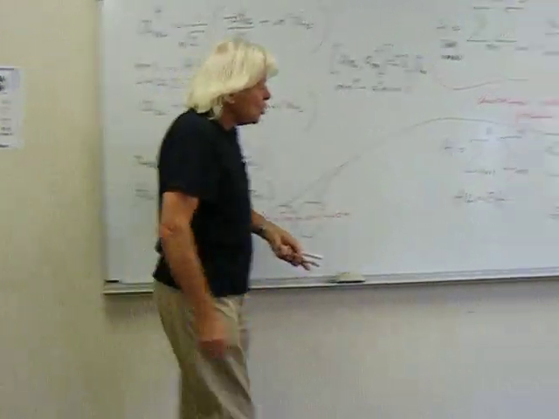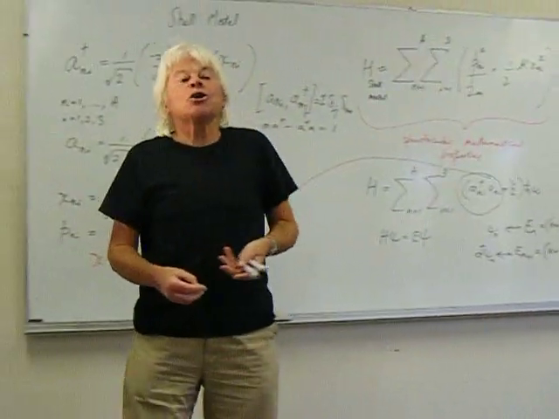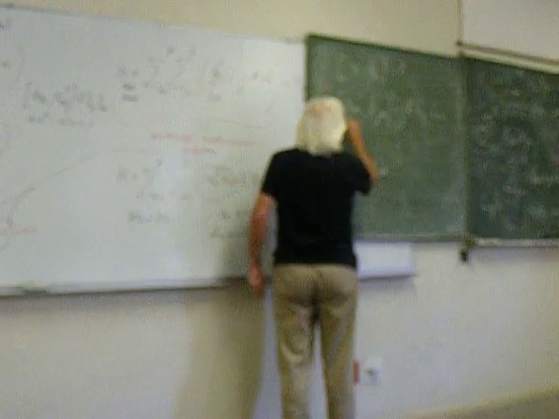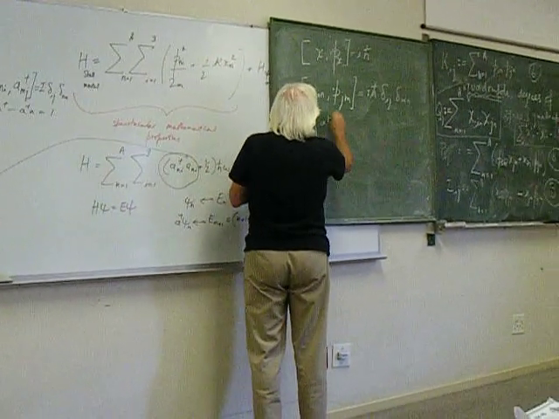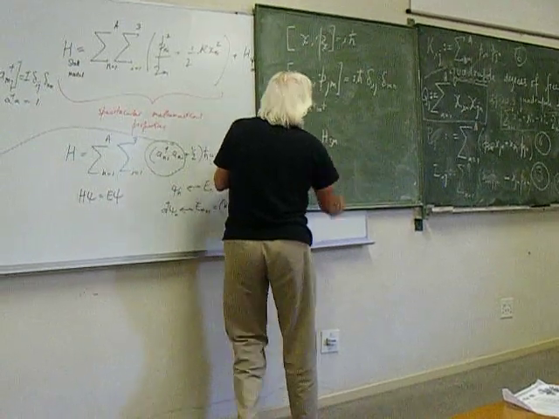It will raise you not by one quantum of the oscillator, but by two. And so your a dagger will take you there, and your a will take you there.